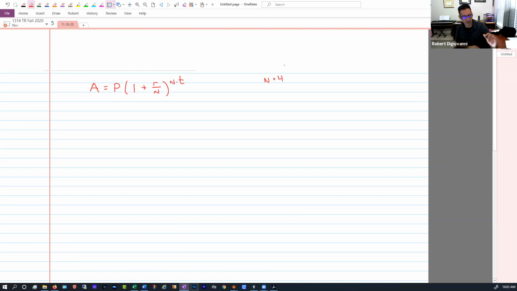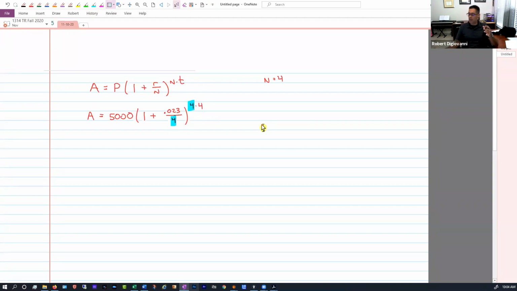That means the amount that we'll have is 5,000 times 1 plus the same interest rate, 0.023, divided by 4 this time, and then 4 times 4, because n is 4 this time. So the only thing we changed was this and this. Instead of 12 there, we put 4s. And that's going to change our answer.